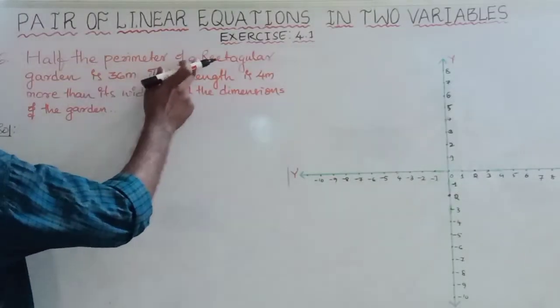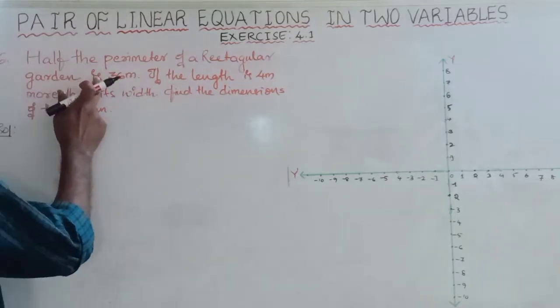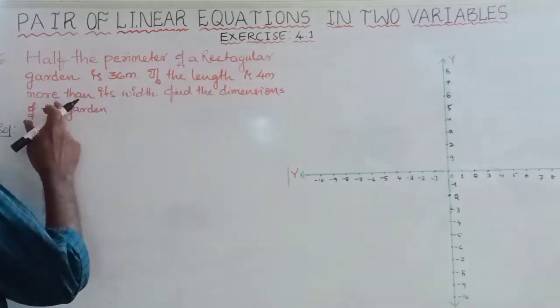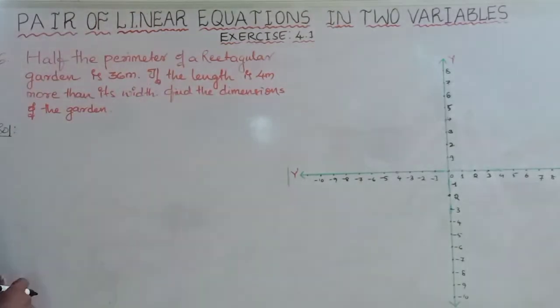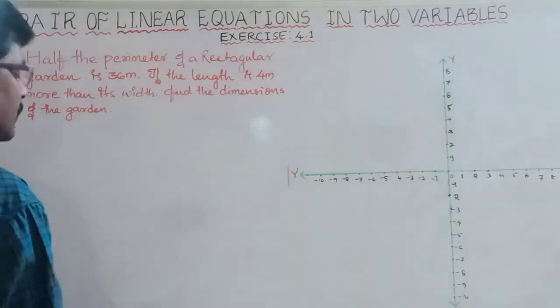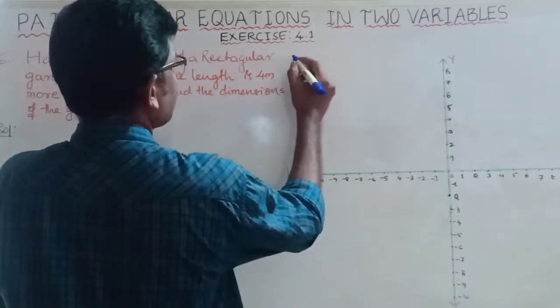Half the perimeter of a rectangular garden is 36 meters. If the length is 4 meters more than its width, find the dimensions of the garden. So let us see.